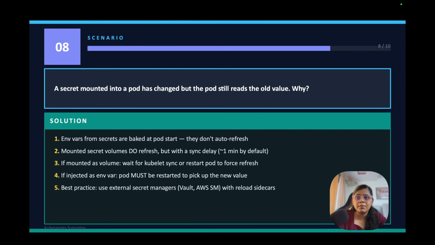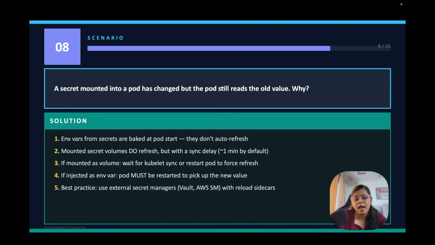If you are making use of external secrets managers like HashiCorp Vault, then if the secrets are rotated, automatically the ESO present will be updating those rotated secrets inside of your pod. Okay, so you don't need to worry about all of these things.